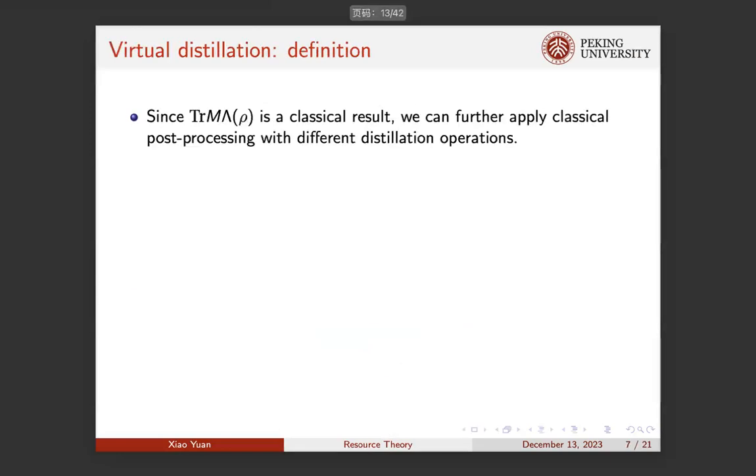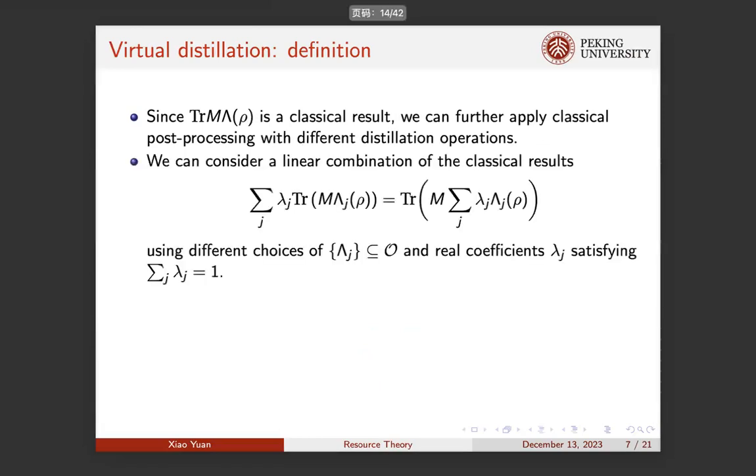But we can take a further step. Notice that the measurement outcome is a classical result. It's not a quantum state anymore. So we can further apply classical post-processing on the classical outcome. A very natural classical post-processing is a linear combination of the classical results.